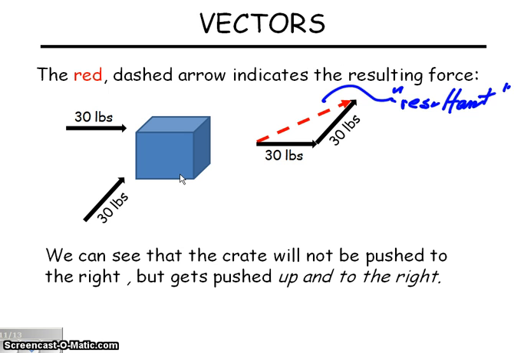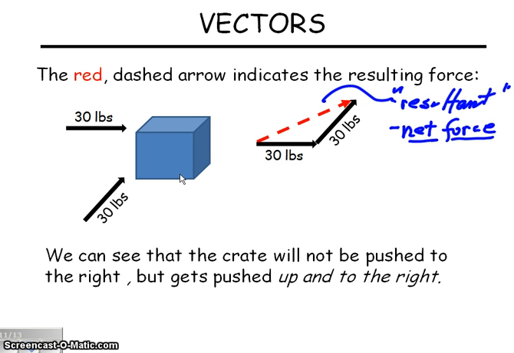We might call this the net force, maybe a little more updated terminology. That's the net force. And notice it's pushing up and to your right. It's not pushing directly to your right. That's the combination. This is the essence of how you add vectors together.